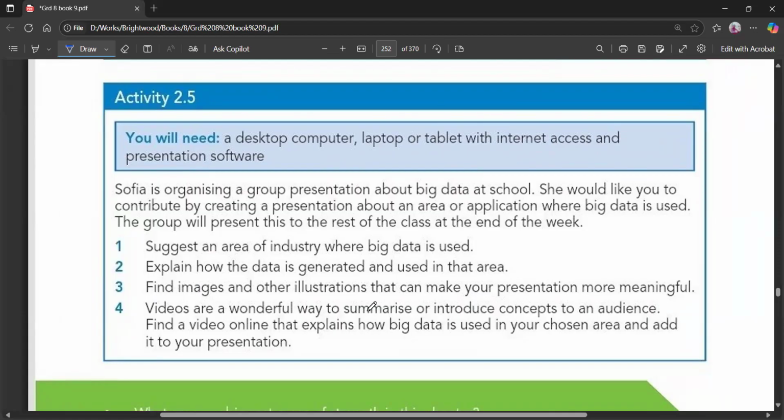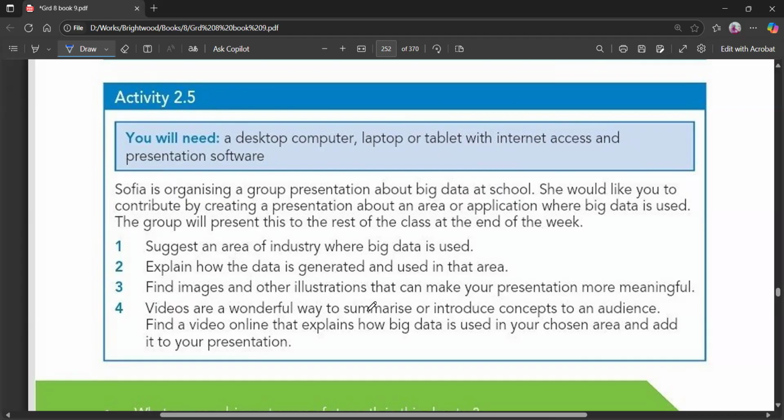You can suggest areas like retail marketing, or e-commerce platforms like AliExpress and eBay. Explain how data is generated and used in the area, and what kinds of data are generated.